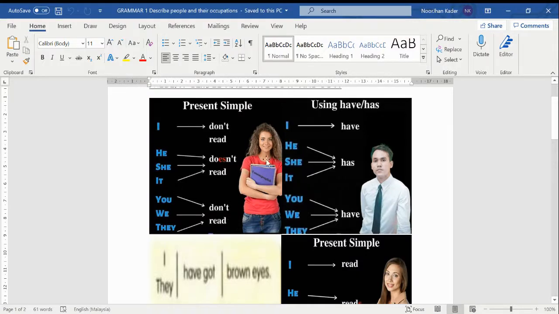This is a flow map or flow chart for present simple tense, which is negative verb form. Using have and has: I have, he has, she has, it has, you have, we have, they have.